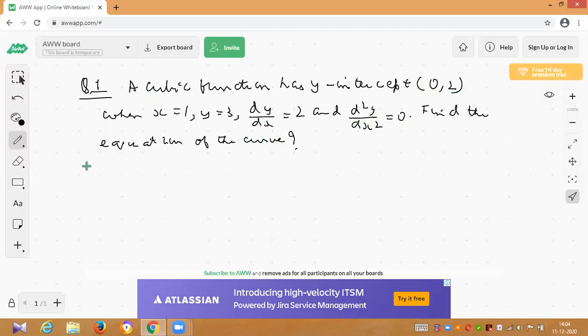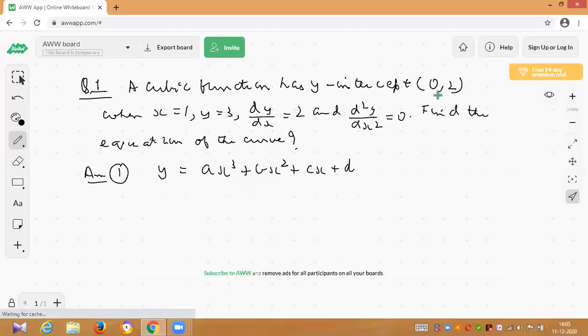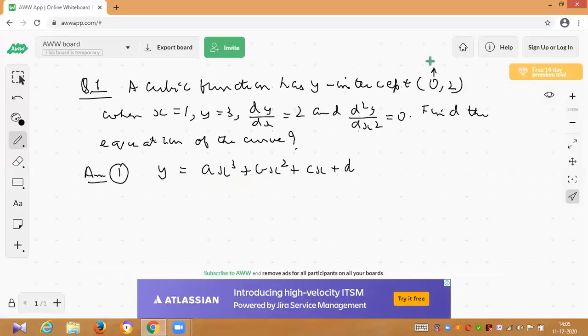So if I try to find a solution to this, the first thing I'll write: if it's a cubic equation, I can write it in the form y equals ax cube plus bx square plus cx plus d, where a, b, c and d are constants. Now y-intercept 0 comma 2 means the x value is 0 and the y value is 2.